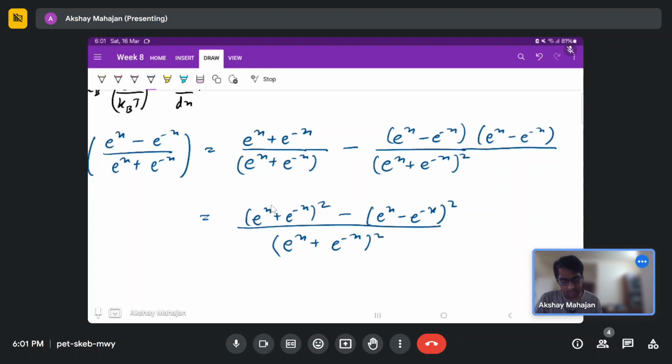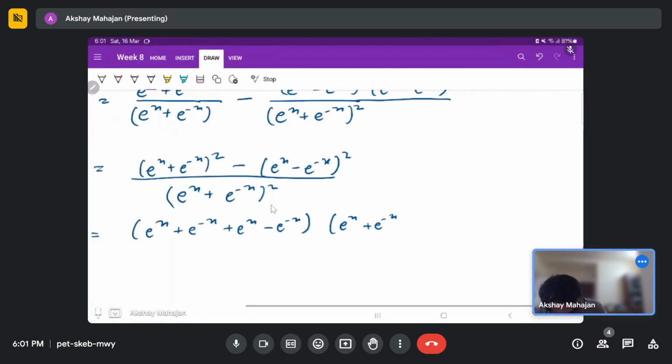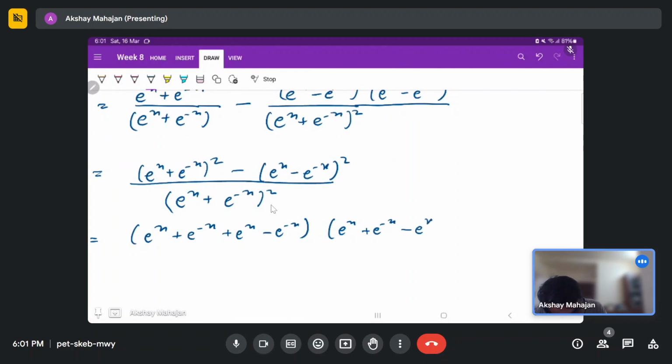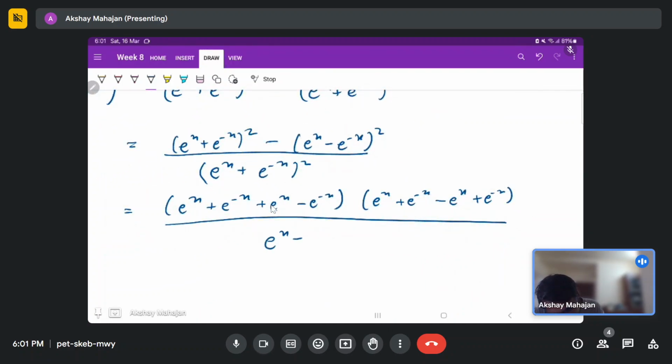Then again, that is just a square minus b square term, so you can write this as 4 divided by (e to the power x plus e to the power minus x) whole square.